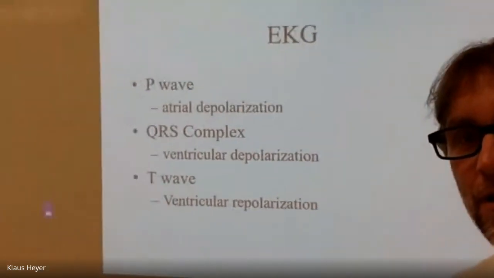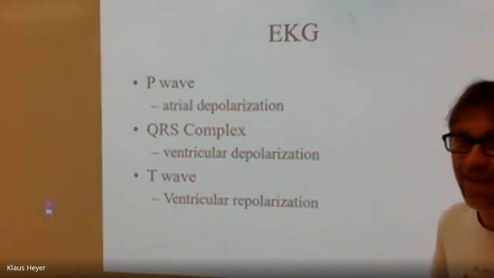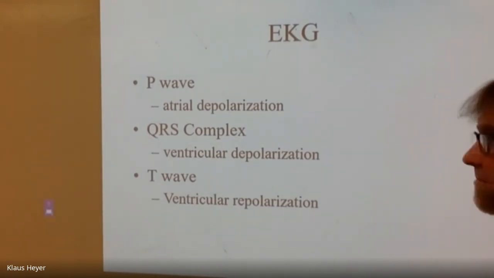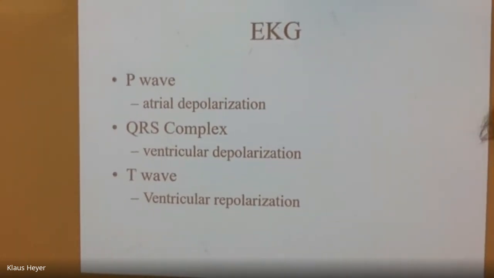So P wave: atrial depolarization. That means that the atria are going to contract. QRS complex was the next one. That means the ventricles are going to contract.